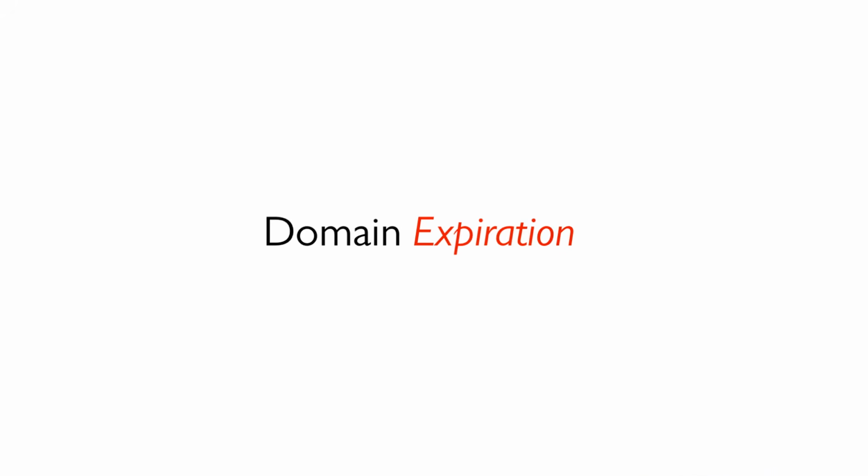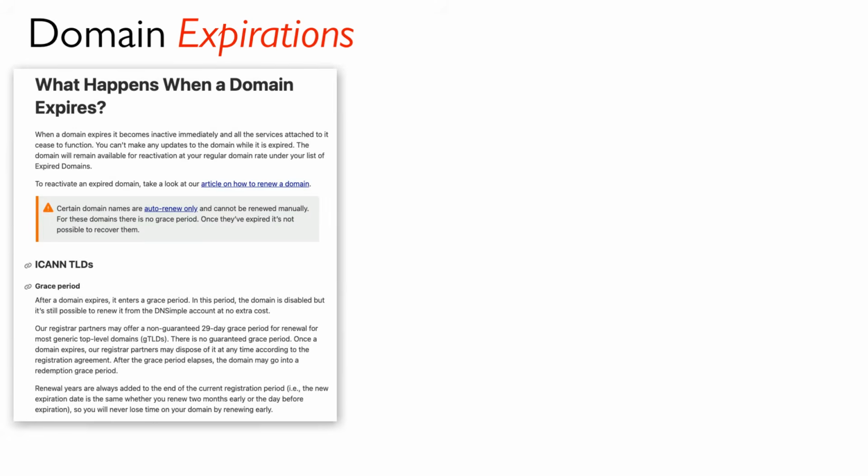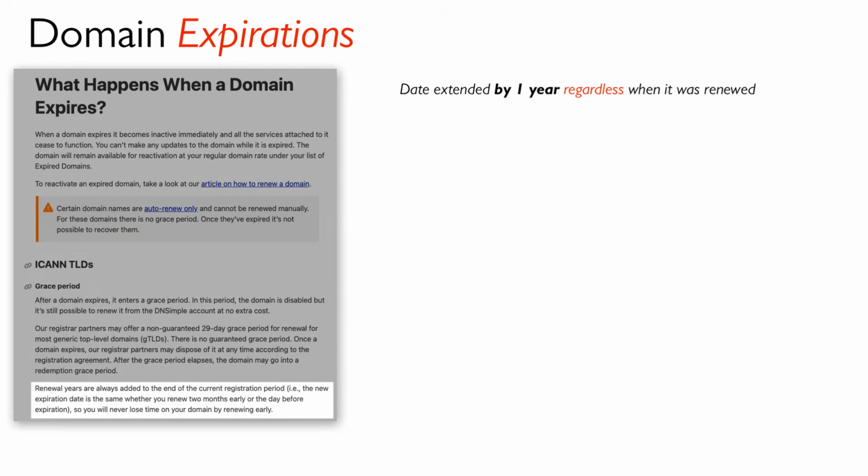One important note: the domain expiration date is extended by 1 year from its current expiration, not from the date you make the transfer. For example, if I initiated the transfer at the end of September and my domain was set to expire at the end of October, the new expiration will be October of next year.